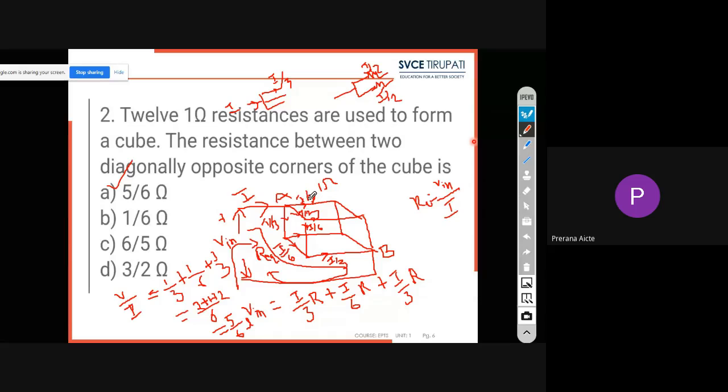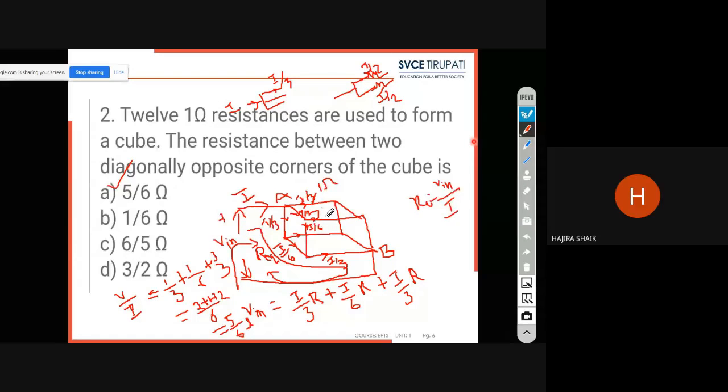Is it clear? Now, whatever I by 3 current is flowing, again it will be divided into two parts. So each branch current is I by 6, I by 6. Also, the current carrying I by 3 here is subdivided into two parts, so this is also I by 6.